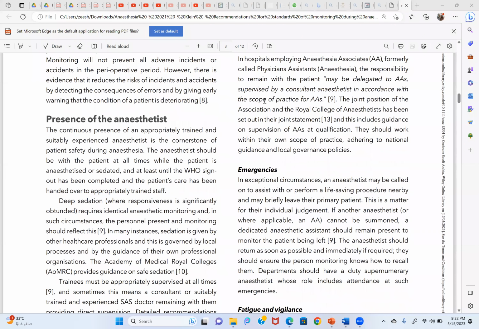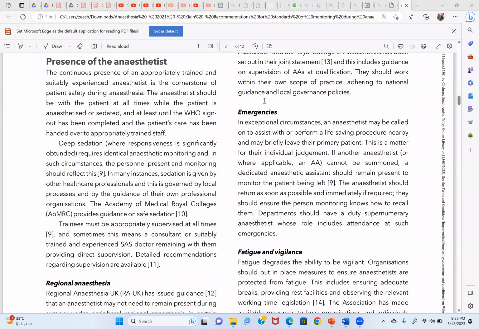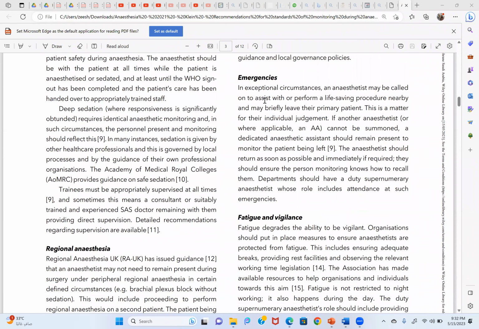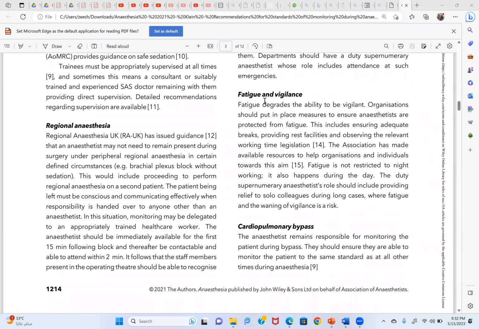If you just try to read only the books, you will never be able to do it. Now I give you a scenario. You have given a regional anesthesia, spinal or epidural. Eye surgery is going on, and you have attached the pulse oximeter and put oxygen with the cannula.